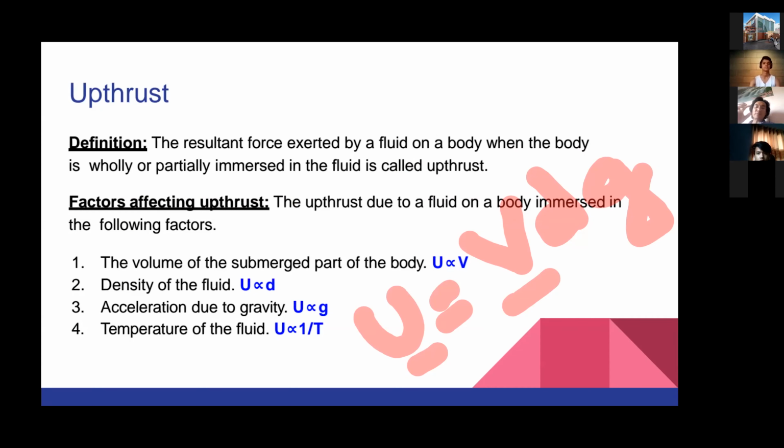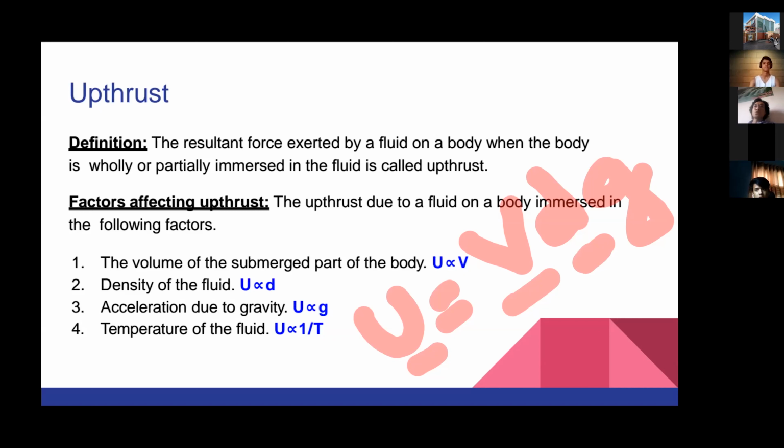So how much part of the body is immersed inside the liquid, that much volume of liquid is displaced. Everybody knows the liquid displacement method. And d stands for density, and this is the density of the liquid.